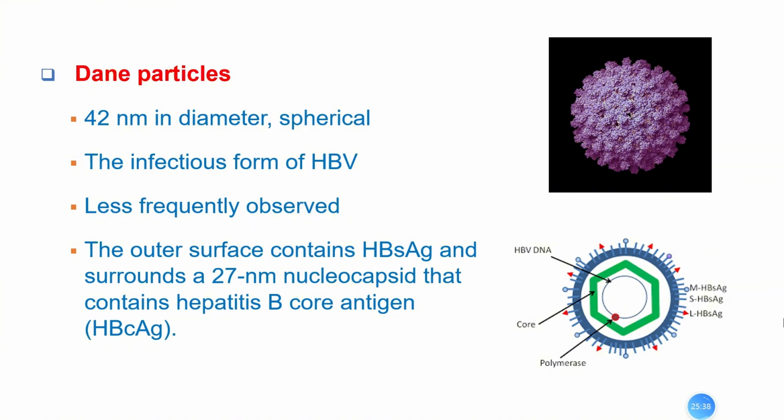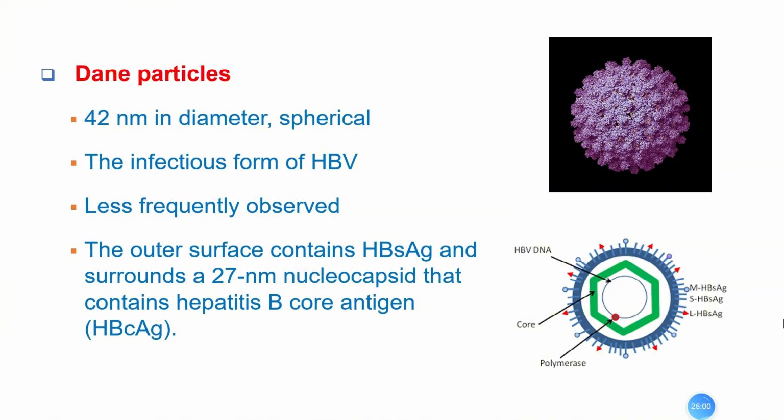The diameter here is 42 nanometers, so much bigger than the small one. But it's infectious because this is the complete HBV virion particle. But it is less frequently observed in this specimen.